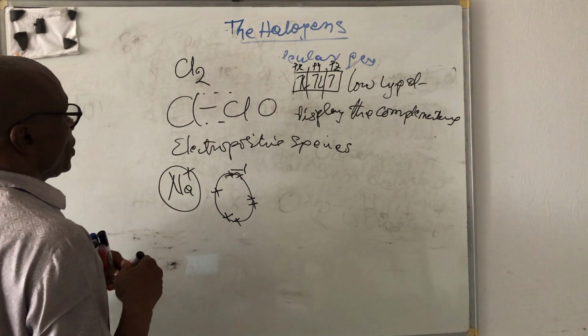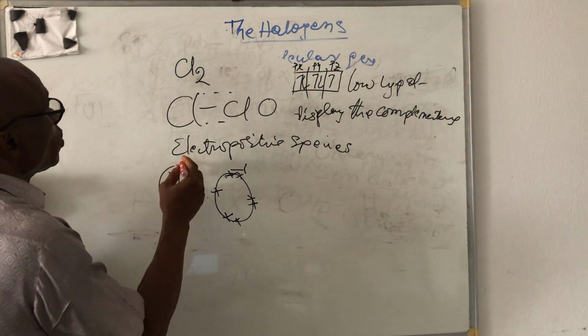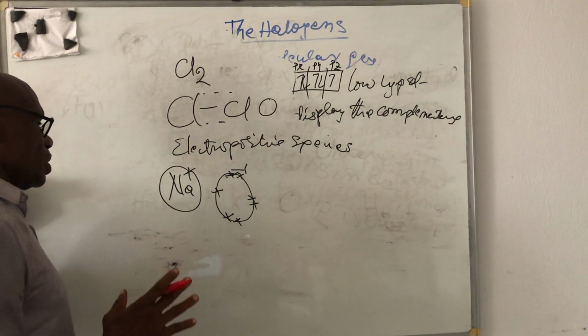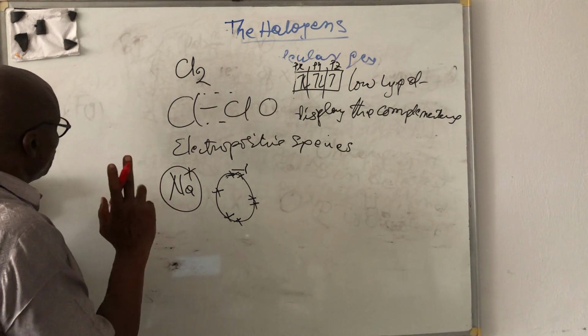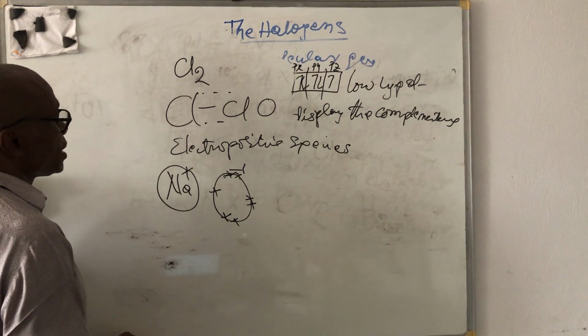At this point, the sodium atom will acquire a positive charge, or any other group 1 element. It must not be sodium alone. Potassium will react as such, rubidium will react as such.